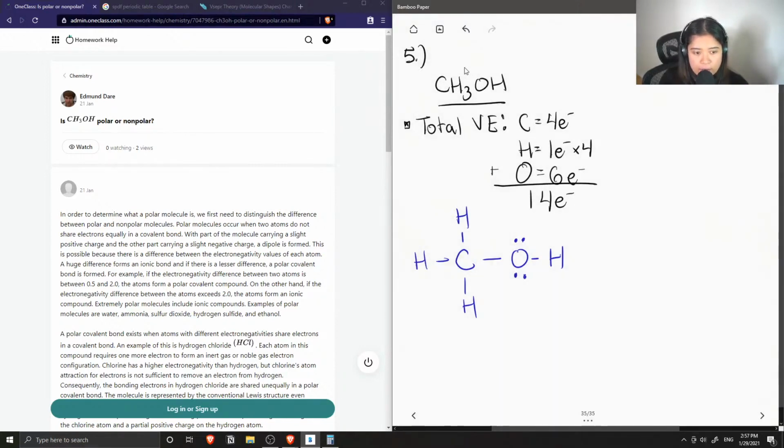So now I have the Lewis structure for methanol, and we first need to look at the electronegativity values for carbon, oxygen, and hydrogen. So let me write all of the electronegativity values here. And this will help us determine whether or not any of the bonds are polar or nonpolar.